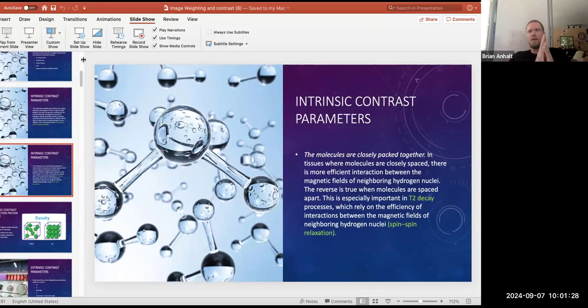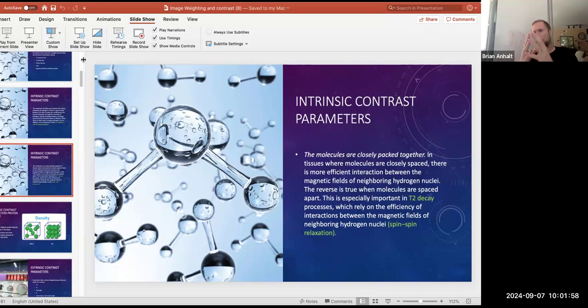Remember, we called T2 decay spin-spin interactions, right? So it was like spins affecting other spins. So the closer the spins are together, the more likely they're going to affect each other, right? Does this make sense? So the closer the molecules are packed together, the closer the hydrogen is together, the closer the spins are together, the more efficient or the more often T2 spin-spin interactions are going to happen. So this definitely affects the T2 decay process.